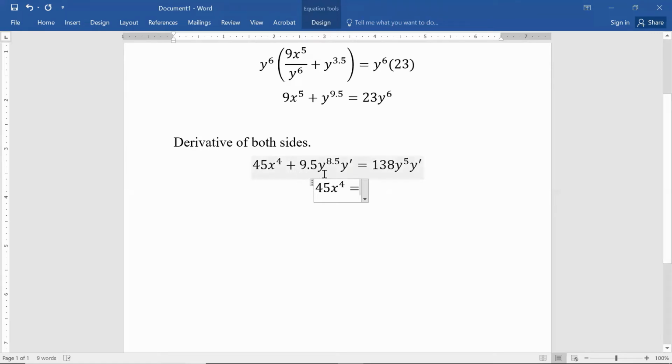So I'm going to subtract 9.5 y to the 8.5 times y prime from both sides. And I will get this equation. 45x to the 4th equals 138 y to the 5th, y prime, minus 9.5 y to the 8.5 power times y prime. Hopefully that makes sense. I just subtracted this highlighted term from both sides.